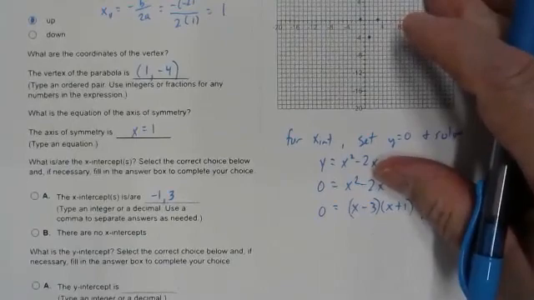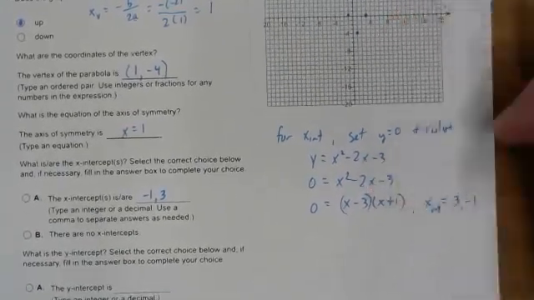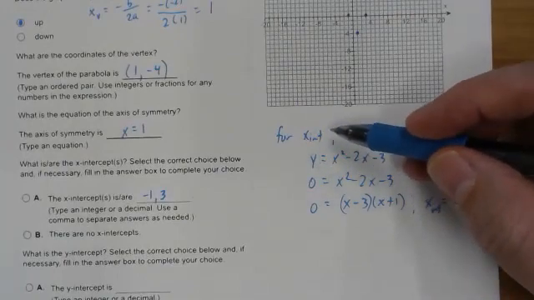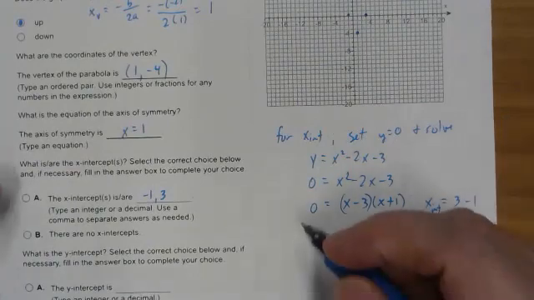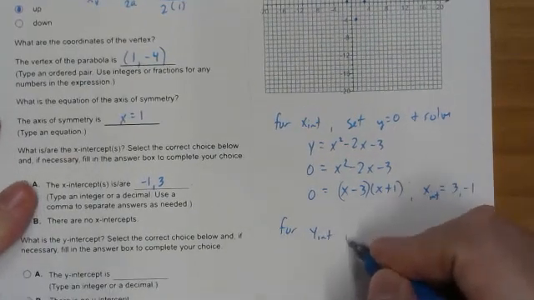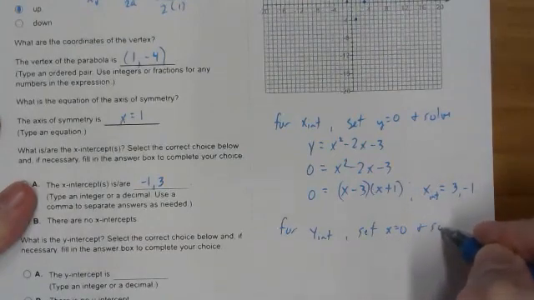Now next it asks for the y-intercept. Well, the y-intercept, you do the opposite of the x-intercept. For the x-intercept, you set y equal to 0. For the y-intercept, you set x equal to 0 and solve.